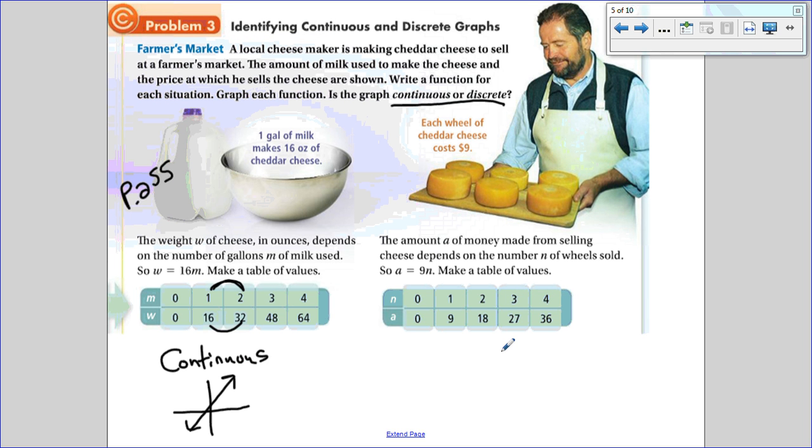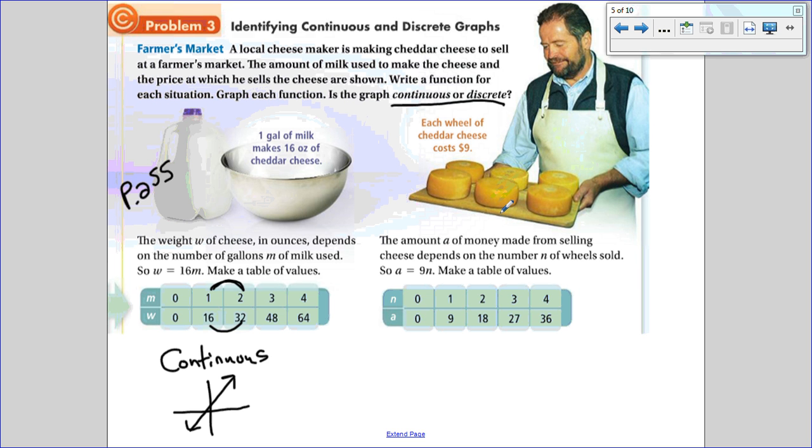On this one, this is the amount of money made from selling a cheese wheel. Okay, so each wheel of cheese costs $9. If you sell one, you make $9. If you sell two, you make 18. Is it possible for this person to sell, or you to buy, 1.4 wheels of cheese? You may say yes, except you have to keep in mind that cheesemakers don't usually let you come in and say, I would like 0.68 of that cheese wheel.